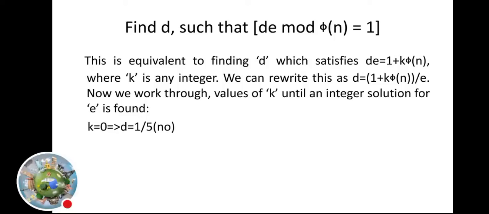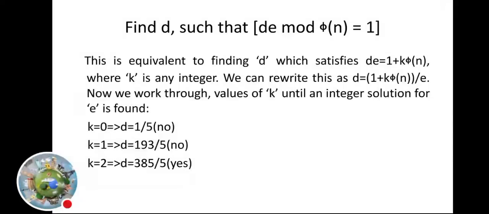So the first one, if k equals to 0, d equals to 1 by 5. If 0 is taken, 192 into 0 is 0 only, then the answer will be 1 by 5, so it is not possible. K equals to 1, 192 into 1, 192 plus 1, 193 divided by 5, so it will not divide properly, so it is not possible.